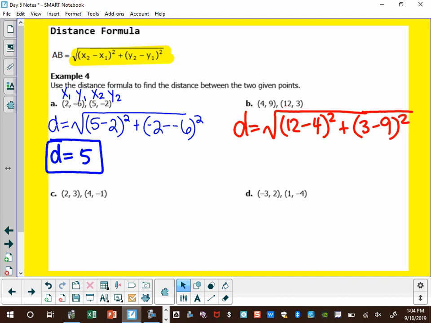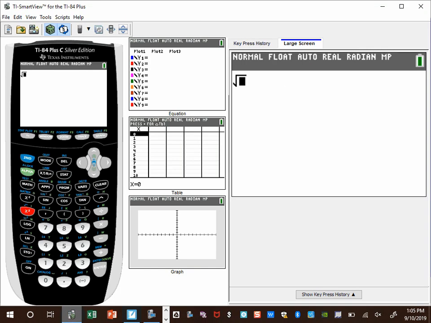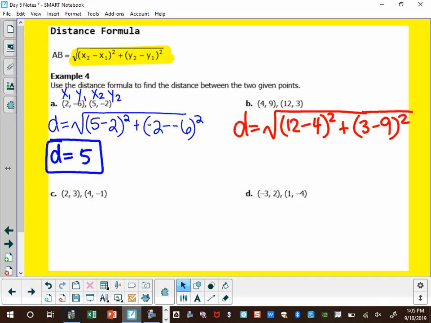But if this was a negative 4, that would be positive. It would be 12 minus negative 4. I would just type in whatever you see.